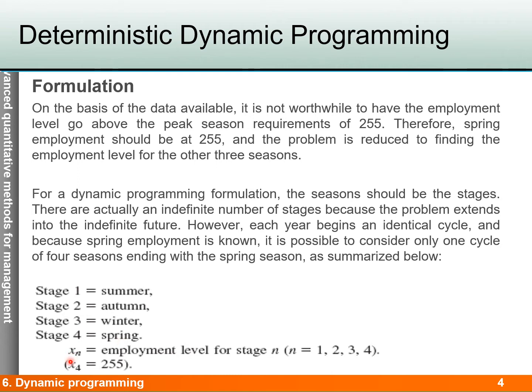As you see here, our decision variable is the employment level for stage n, where n is 1, 2, 3, and 4. We know our stage 4 here is our spring, that is 255. For sure, if we assume a stage 0, for example, our previous spring, that one as well is 255. So let's continue in the next slide.